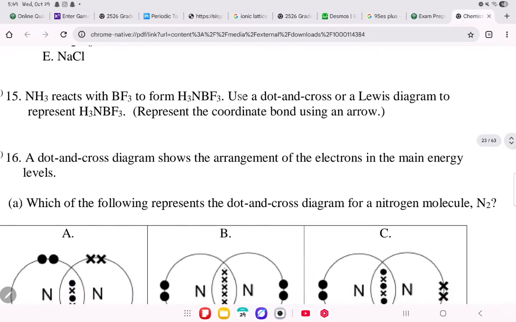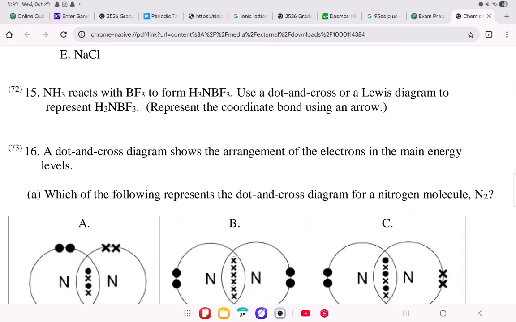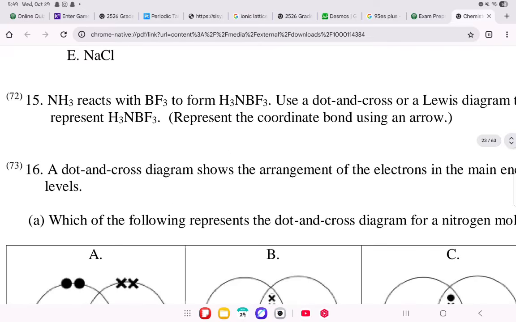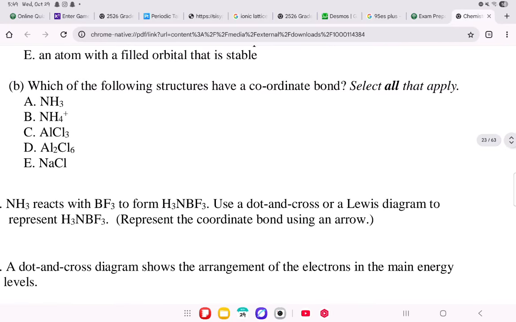So we move on to question number 15. What does it say? It says NH3 reacts with BF3 to form H3NBF3. Use a dot cross diagram to represent H3NBF3. Okay, so there is a coordinate bond. We need to find that. Let us draw H3N. So honestly speaking, it's gonna be a bit difficult to draw, but I would say to separate them into two, H3N and BF3.